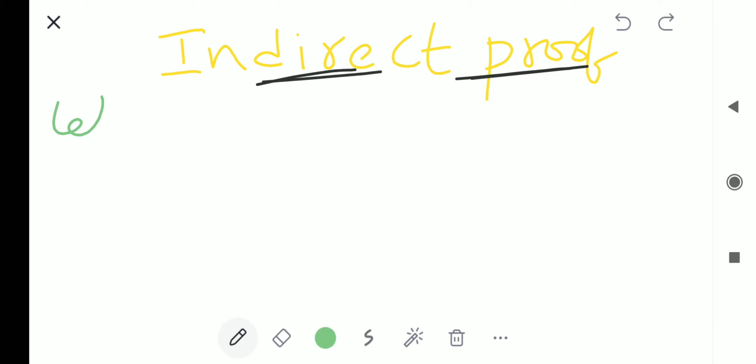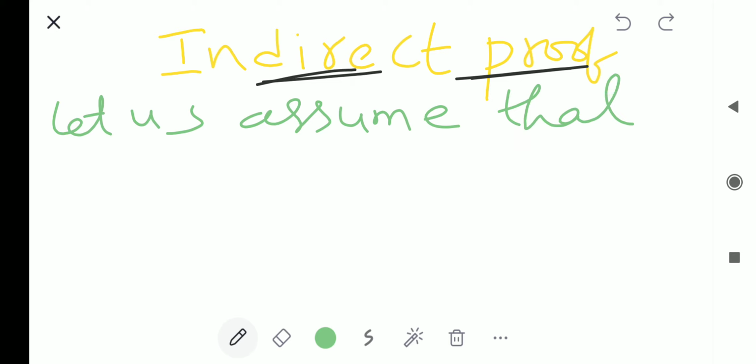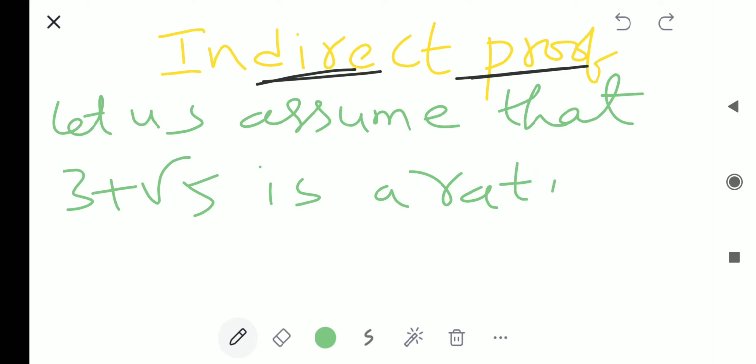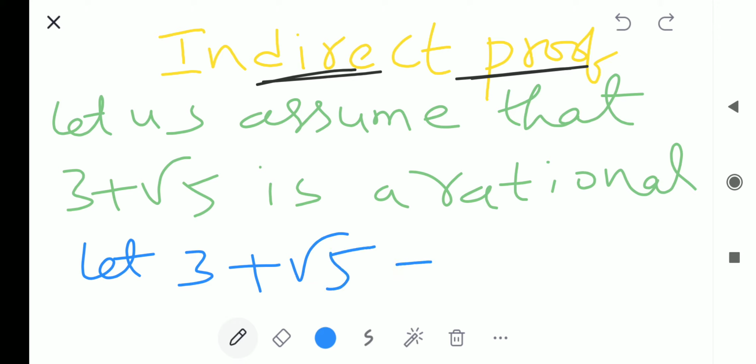So let us assume that 3 plus root 5 is rational; RTP says irrational, so I am taking the opposite. If it is rational, definitely it will be in the form p by q, where q is not equal to 0, and both p and q are integers.